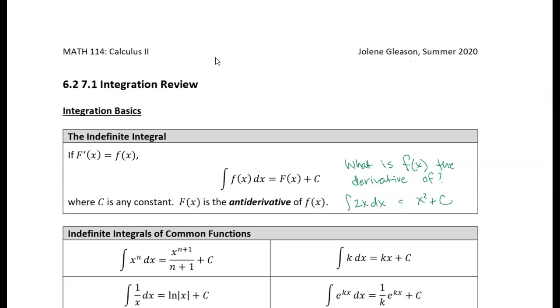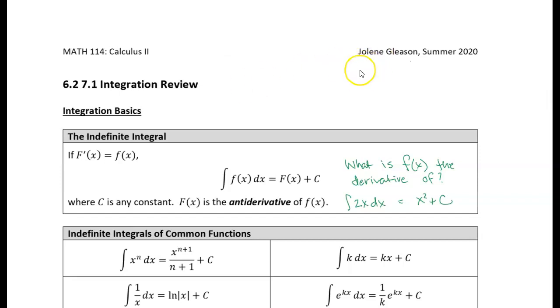Okay? So we always have this plus c. With indefinite integrals, when you're calculating antiderivatives, you always have this plus c, because when we differentiate any constant, we get 0. So we really get a family of functions.